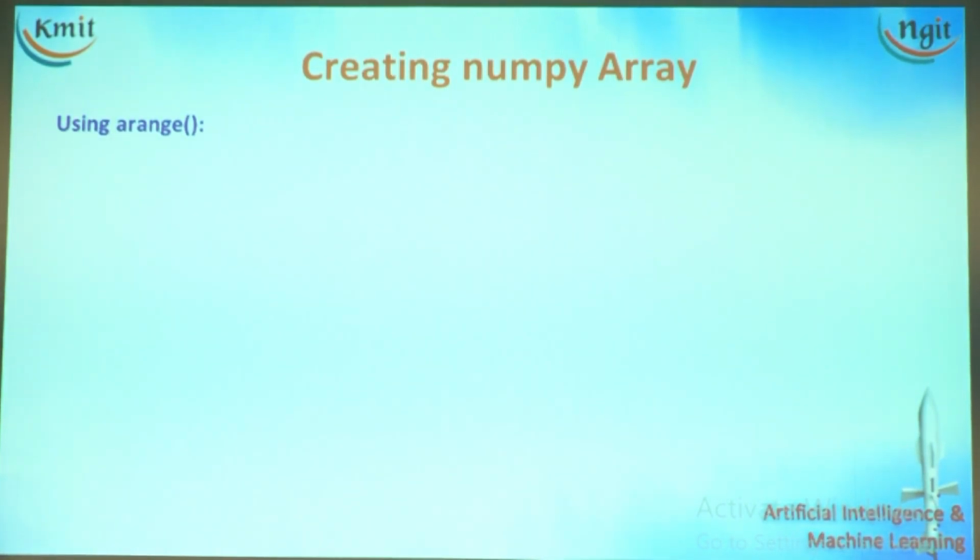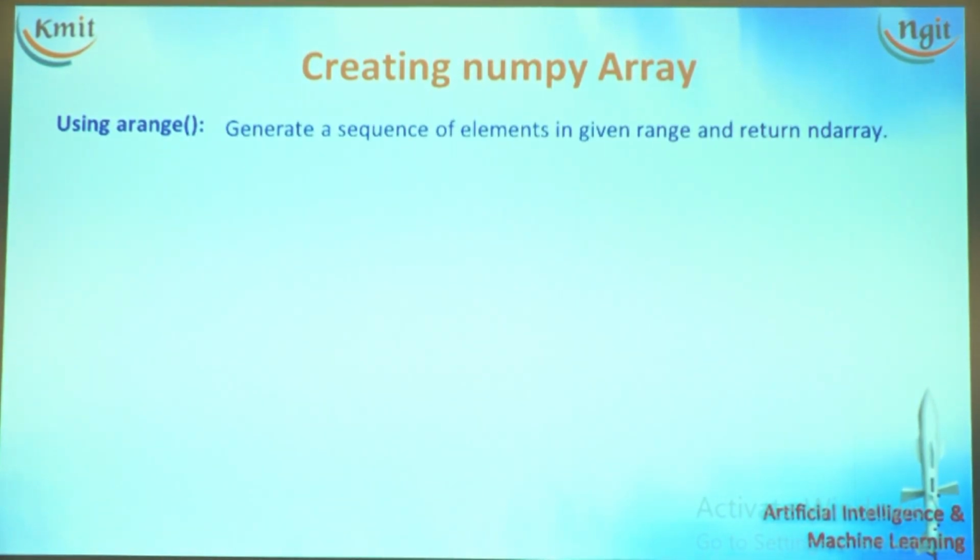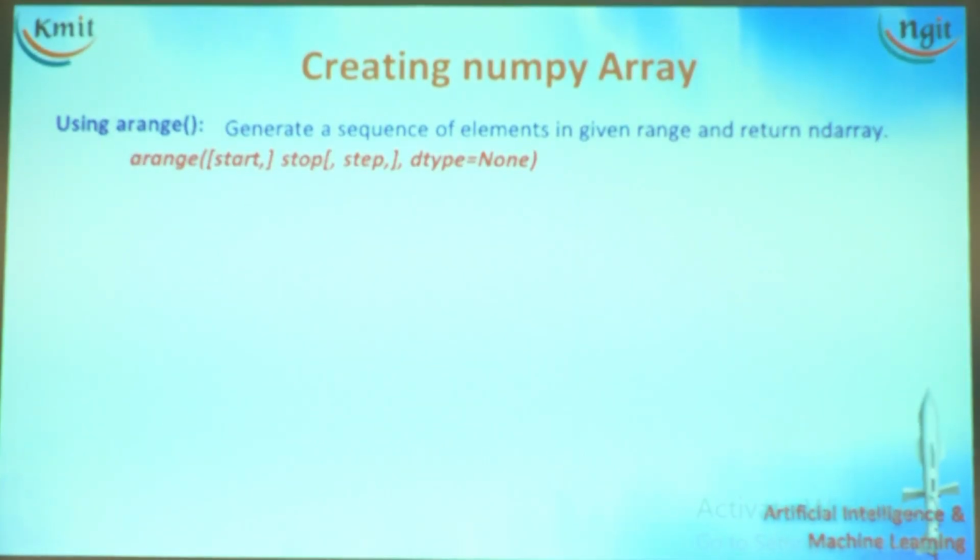The second way where I can create a NumPy array is by using the arange function. Basically, we use this arange function when we have a huge range of data to work with. For example, when I am going to generate a sequence of elements in a particular range and then return an array, I am going to use the arange function. I have to give the start of the range, the stop of the range, followed by, it's not necessary, but I can also give the steps in that range.